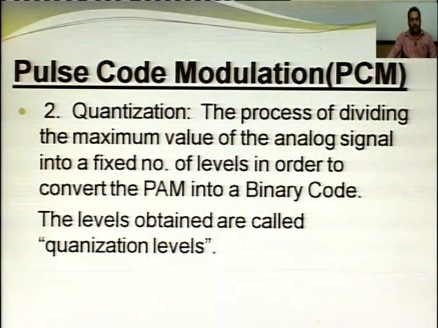Quantizing is the process of dividing the maximum amplitude of analog signals into a fixed number of levels in order to convert the PAM into a binary code. In this case, the levels are assigned to these samples. So, the reference levels are assigned to these samples, and the levels obtained are called quantization levels.